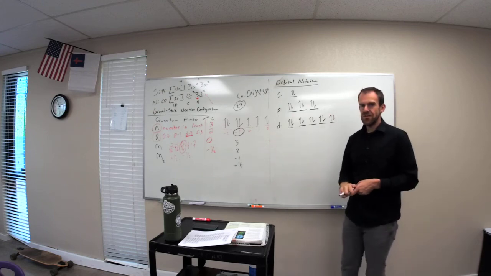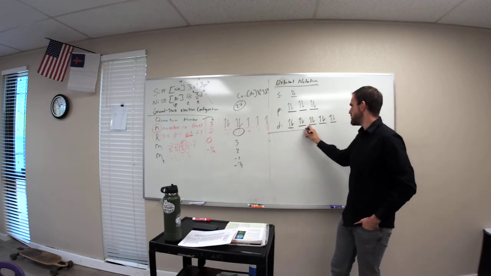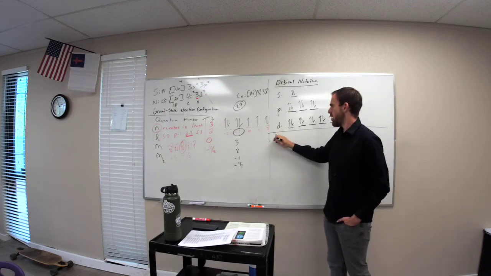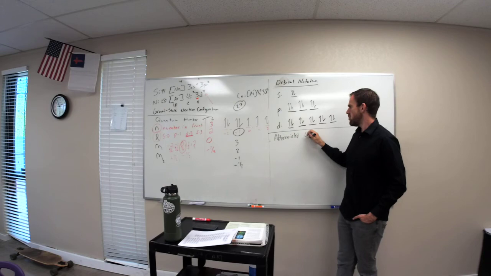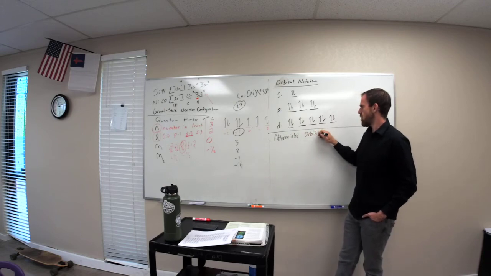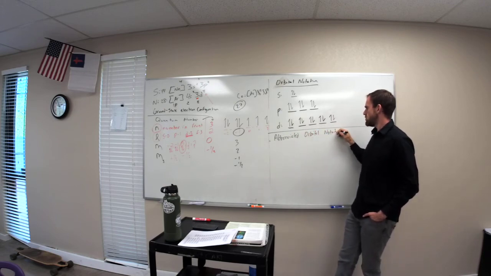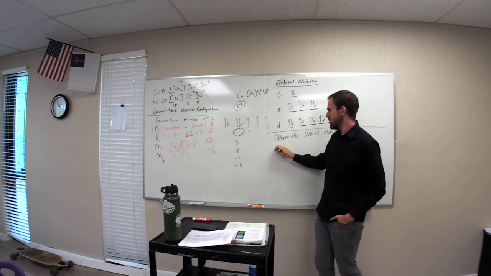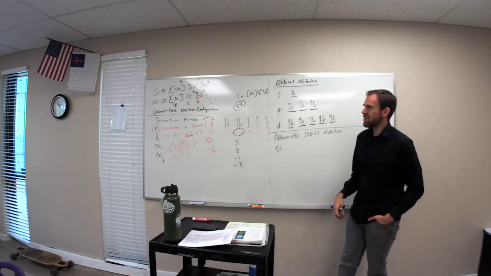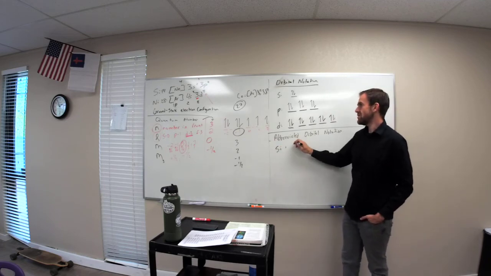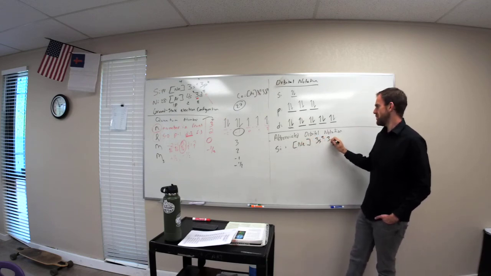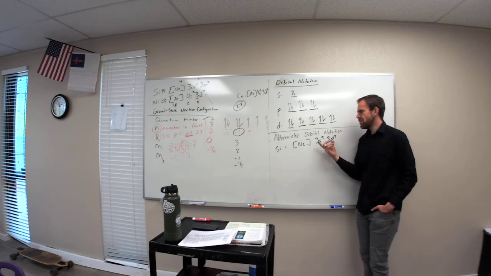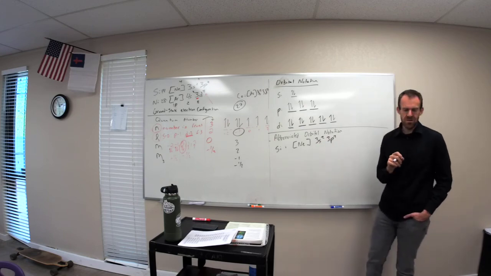So if I ask you for the abbreviated orbital notation for silicon, we know that the ground state electron configuration was neon plus 3s2, 3p2. I would write that as the following.